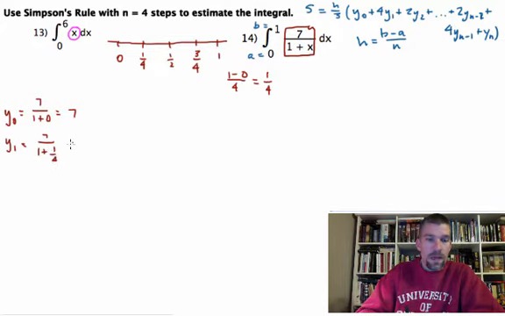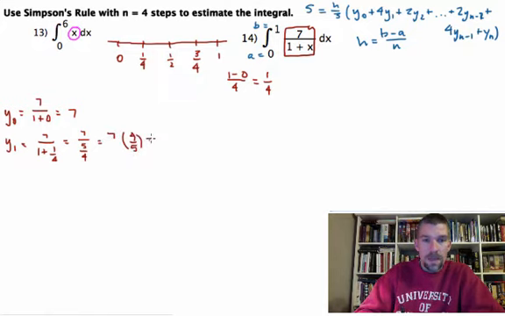If I add these fractions together on the bottom, remember 1 is 4/4. So I actually have 7 over 5/4. But when you divide, you multiply by the reciprocal. So really it's 7 times 4/5, and that's going to be 28/5 for that one. Whew.